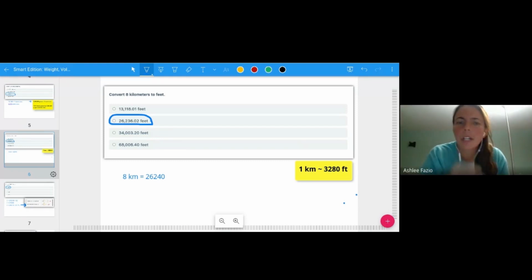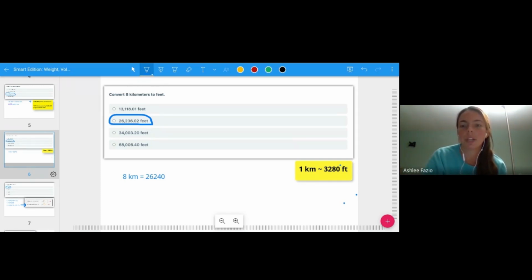So this is one where having this conversion memorized is really the key part here, to know that 1 kilometer is about 3,280 feet. So if I know 1 kilometer and I need to get to 8, I'm essentially thinking 1 times 8 would get me to 8. So 3,280 times 8 would help me find how many feet.